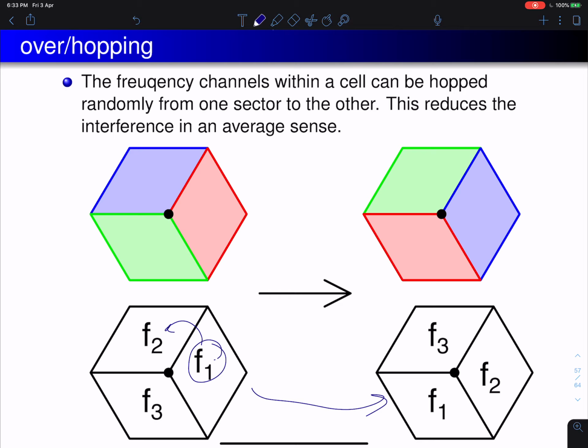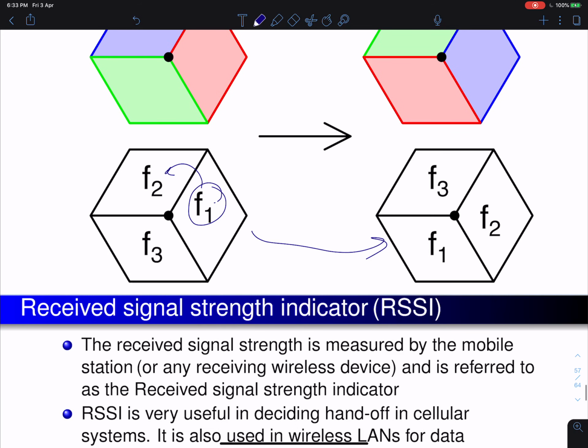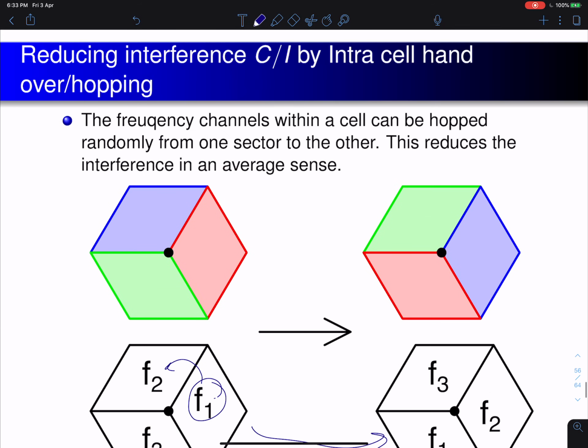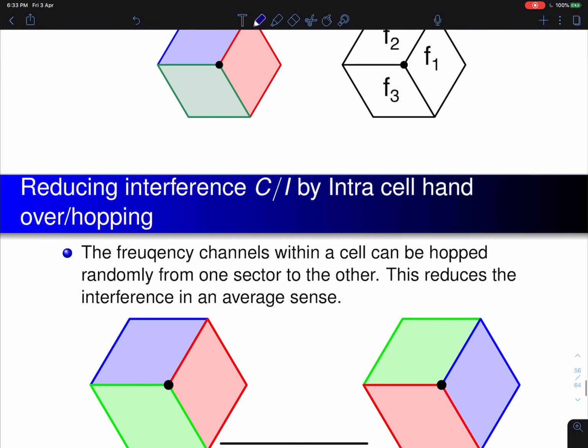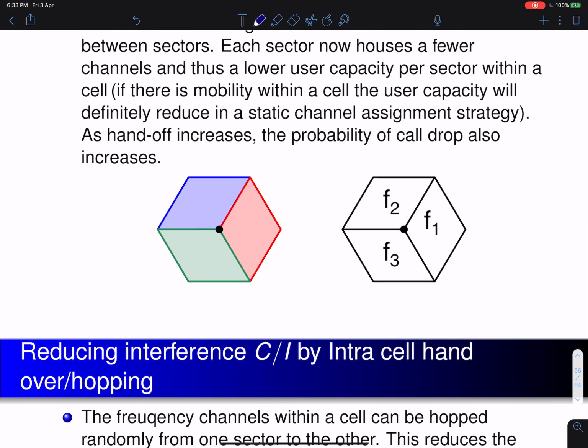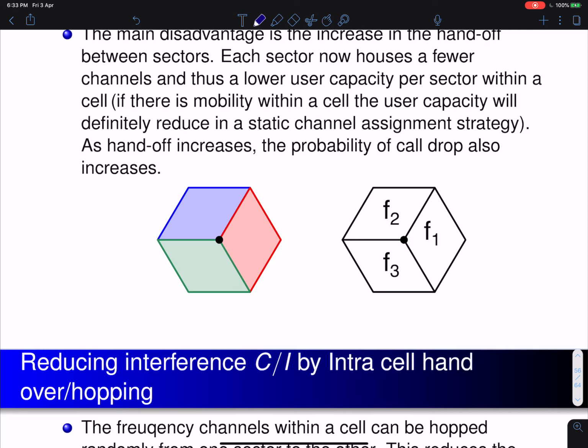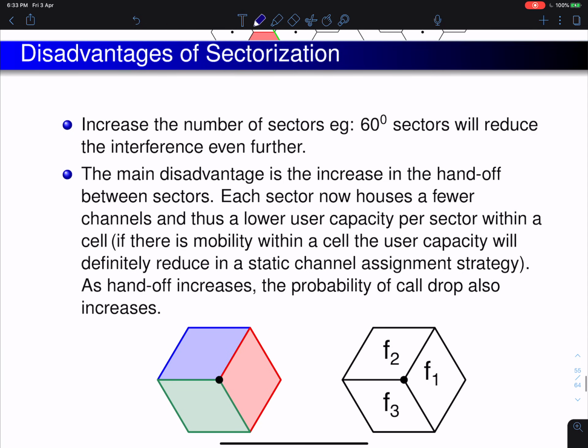By doing this, on an average, I can reduce the interference seen by the main base station. So you just have to know that sectoring helps in reducing base station interference. This is one such technique, and of course, cluster size will be another technique as well. These are techniques used mainly for reducing interference.